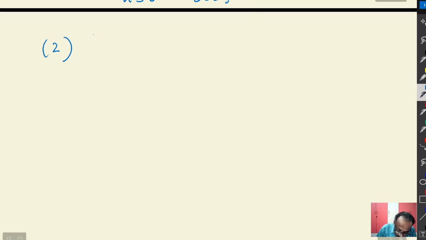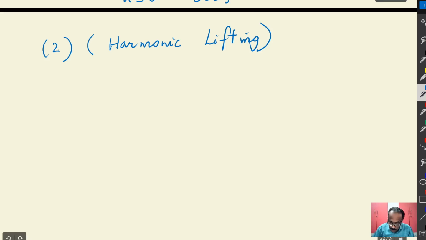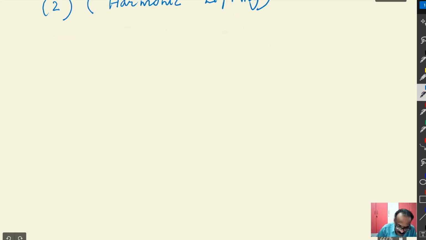This is what is called a harmonic lifting. You have to understand this very well. So you are given a subharmonic function.